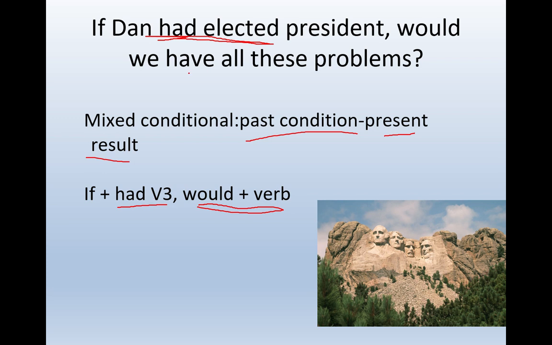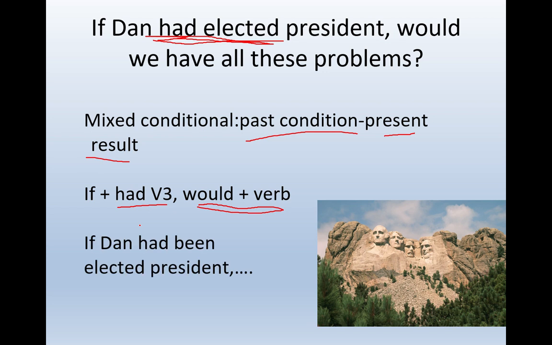The problem with this one is that if Dan had elected is actually passive. The people elected Dan, so it needs to be passive. So to form the passive of past perfect would be if Dan had been elected. Had been plus V3. And the rest of the sentence is all correct.